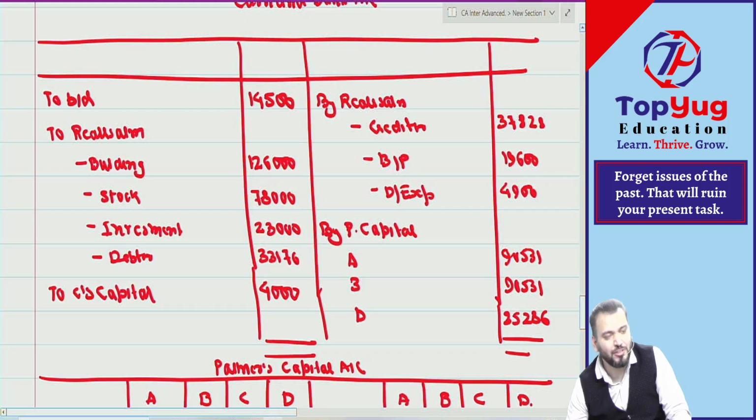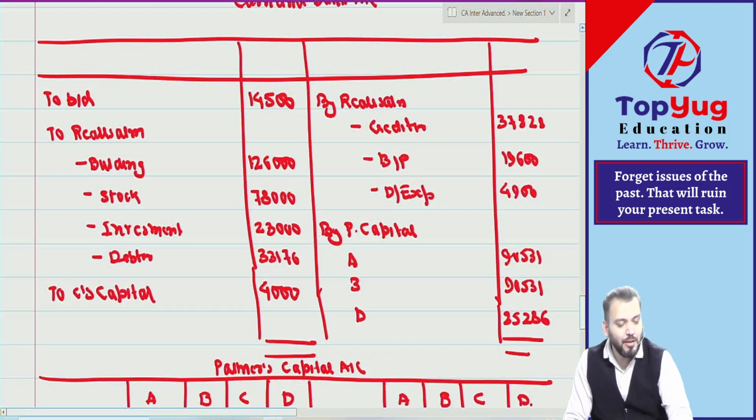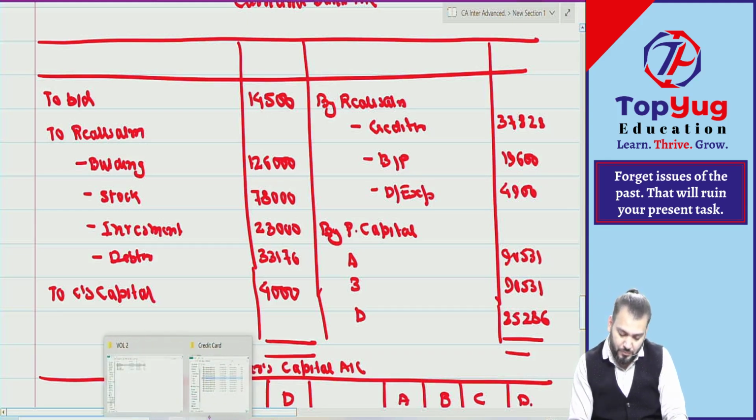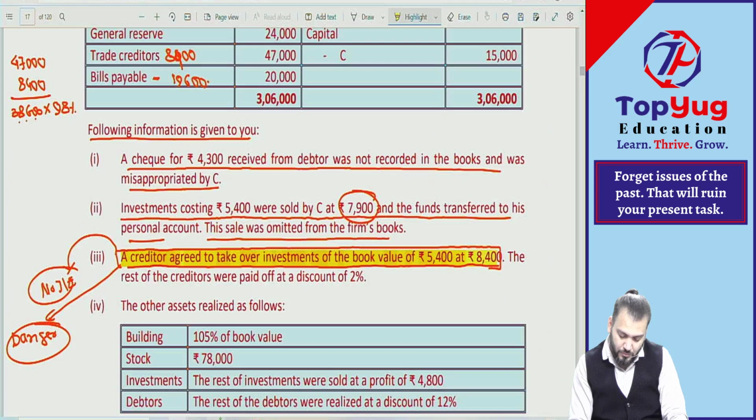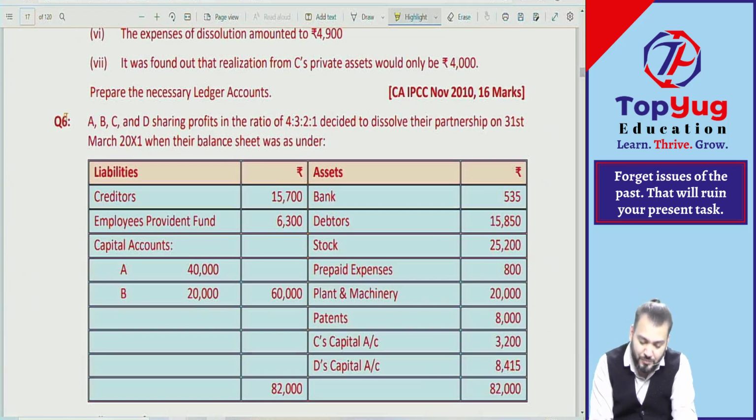Now all questions you can do on your own. But I know you will not practice if I do not practice. But I will practice on your behalf. Can we take one more question if you permit? Come to question number 6 now. Chalo. Question 6.